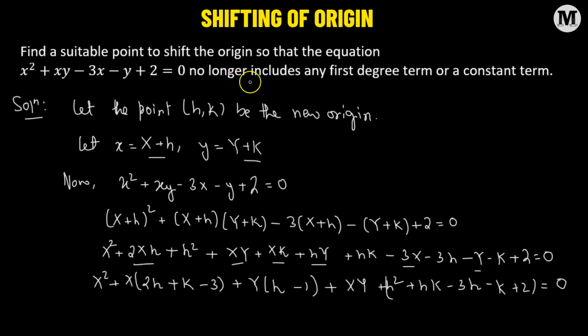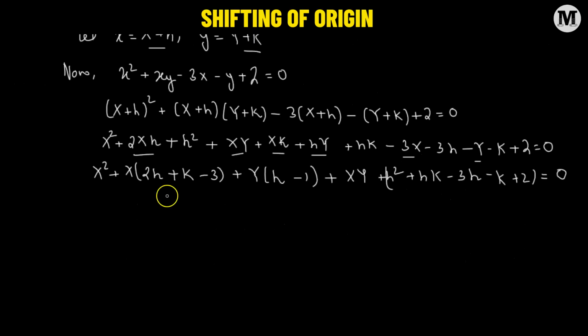Now we apply the condition that this new transformed equation does not contain any first degree term, nor any constant term. The term with x is a first degree term because the degree of x is 1, and the term with y also has degree 1, so it is also a first degree term. These terms must not exist, and we also don't have the constant term, so these must all go to 0.